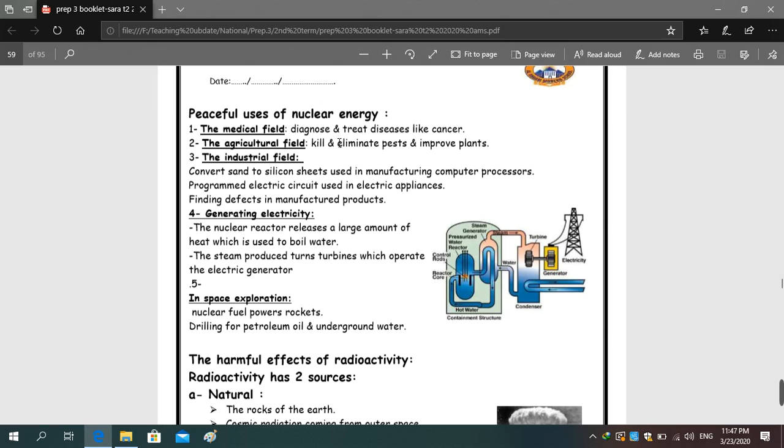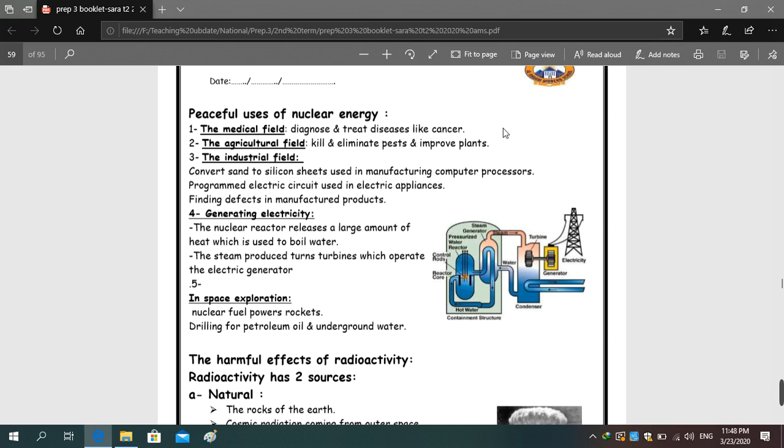The nuclear energy inside the nucleus, we can use in many peaceful purposes. Number one, the medical field, like diagnosing and treating diseases like cancer. We can diagnose and treat cancer by using radiation from a radioactive element. Example of this that we have studied before, cobalt-60.